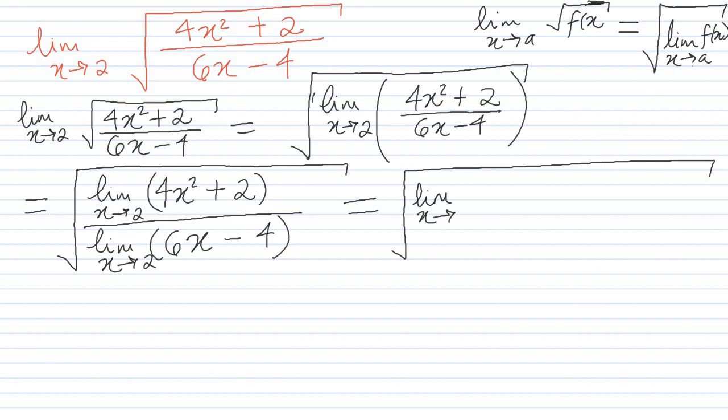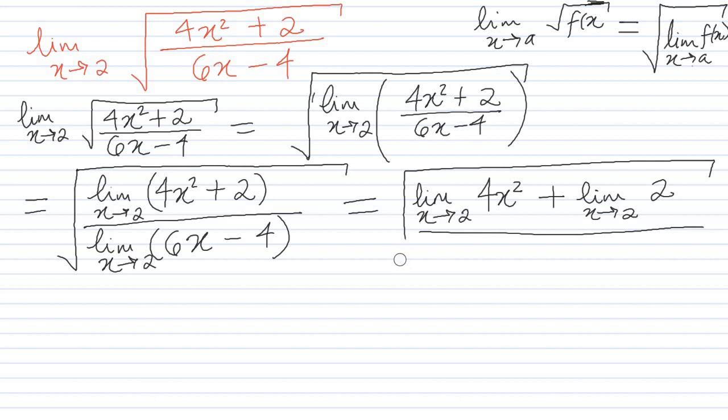So the limit as x goes to 2 of 4x squared, plus the limit as x goes to 2 of 2, divided by the limit as x goes to 2 of 6x, minus the limit as x goes to 2 of 4.